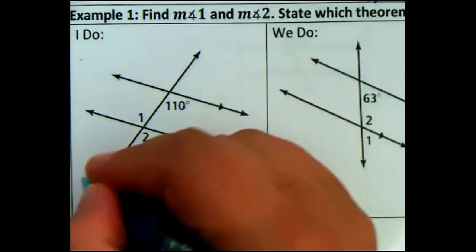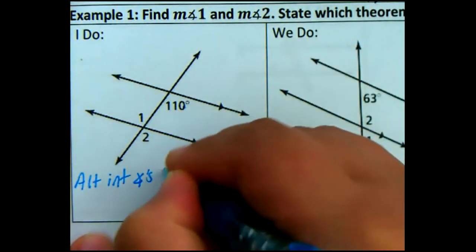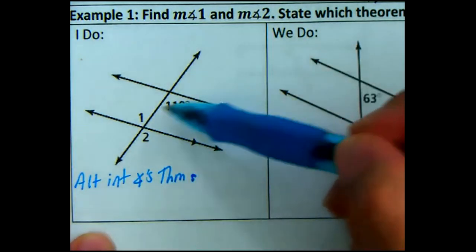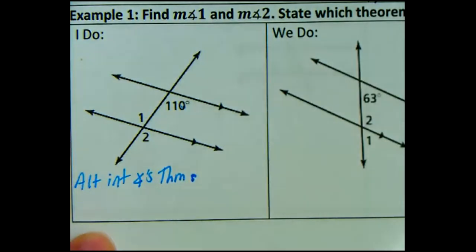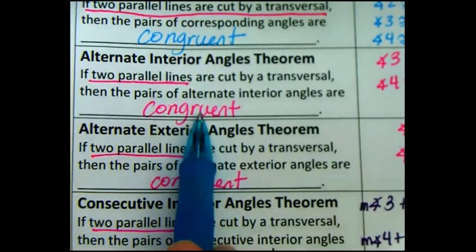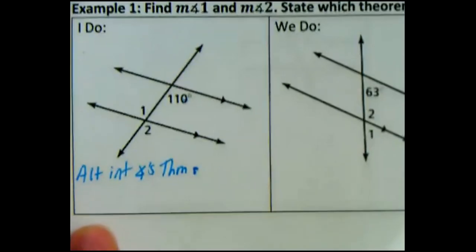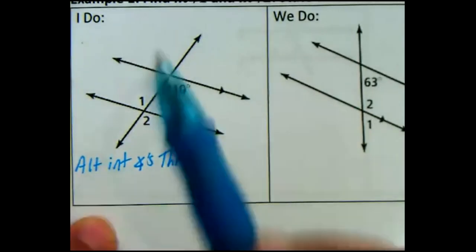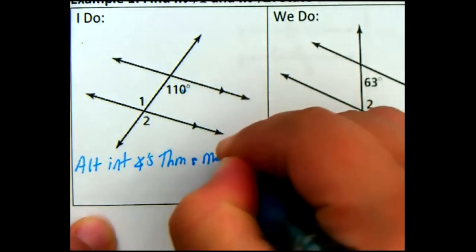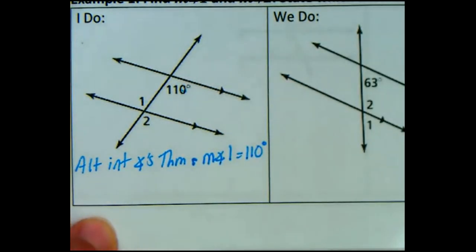So the alternate interior angles theorem tells me that these 2 are congruent, which means that they have the same measurement. So if this angle is 110 degrees, then the measure of angle 1 is also 110 degrees.